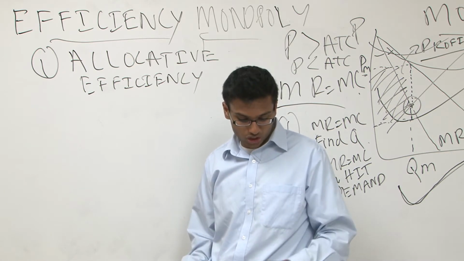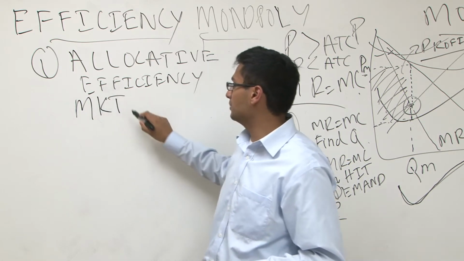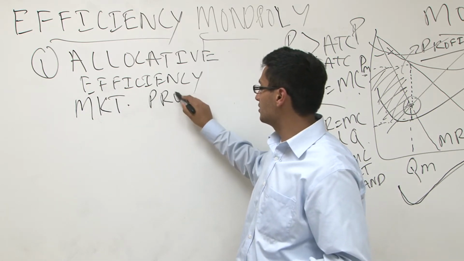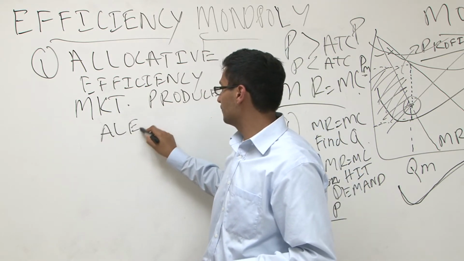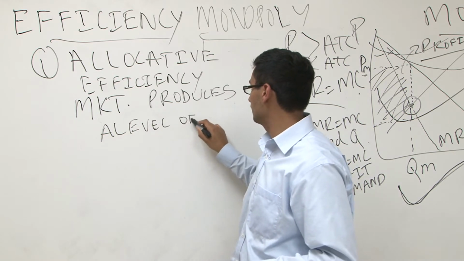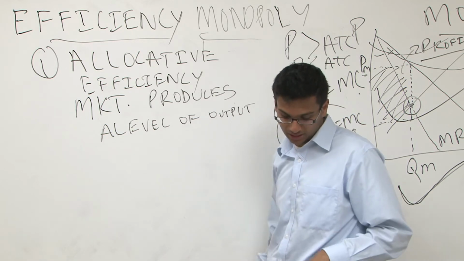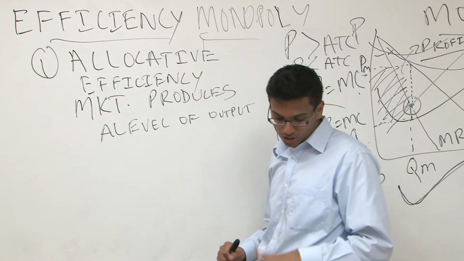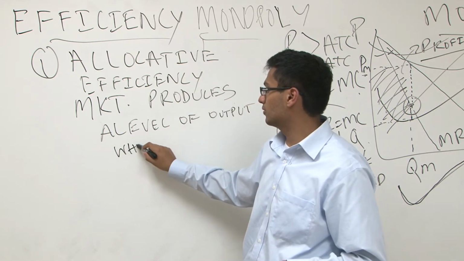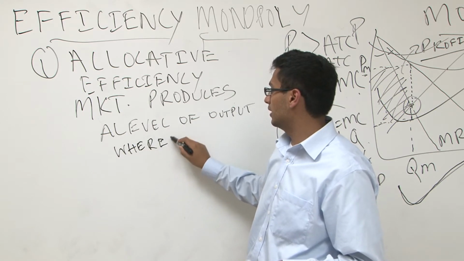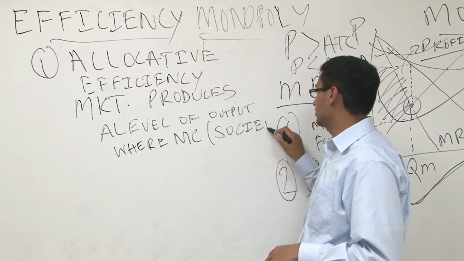Allocative efficiency is achieved when the market produces, MKT stands for market, a level of output where the marginal cost is exactly equal to the marginal benefit of society, where MC, and I'm going to put parentheses society, this is always in society's perspective, right?